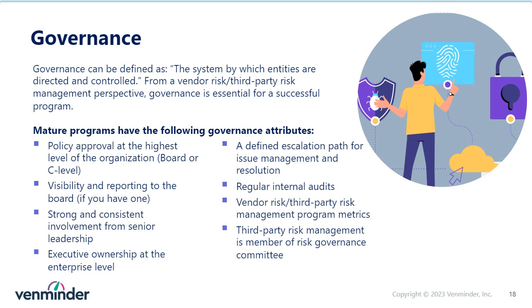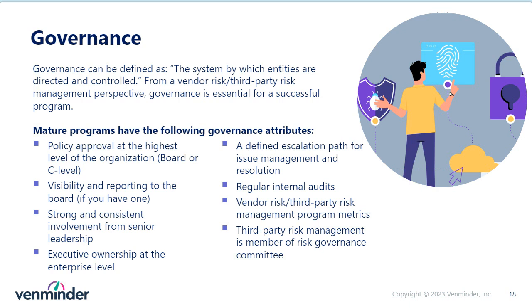We need really strong and consistent involvement from senior leadership. So not just approval, but they're involved. We want executive ownership at the enterprise level as well. So somebody at that C level, so your CFO, CTO, CCO, have ownership of the program.